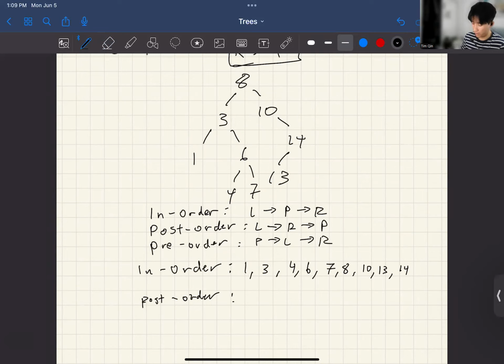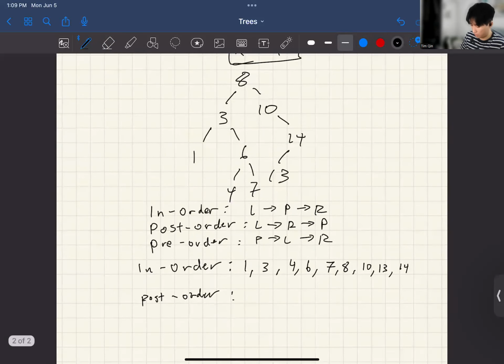So I guess the way we would do this is left child first. So 1, then right child 4, 7, then 6, then we go to 3, then we go on to the right side of 8.